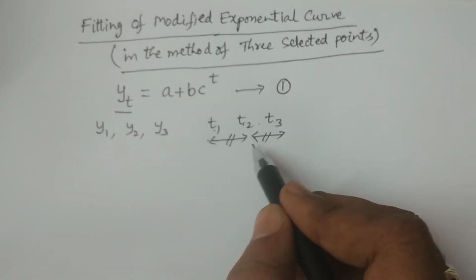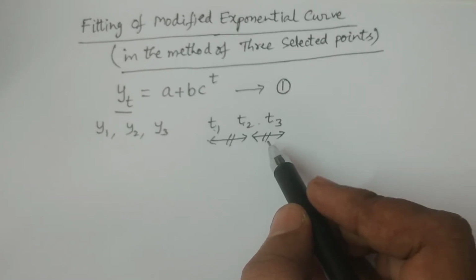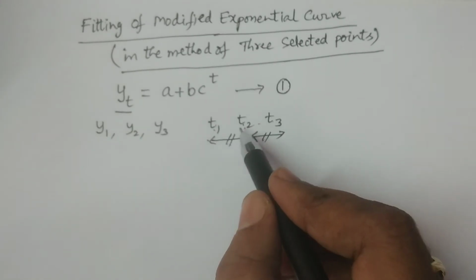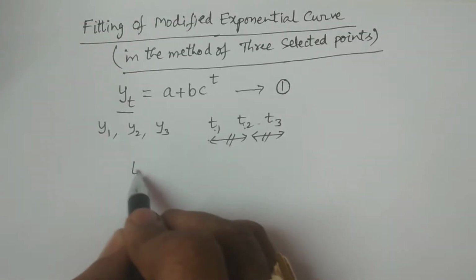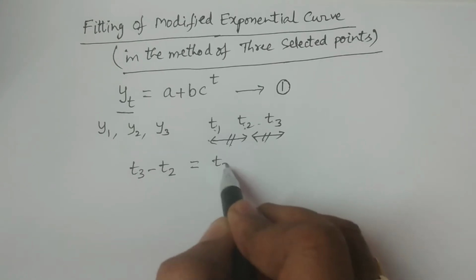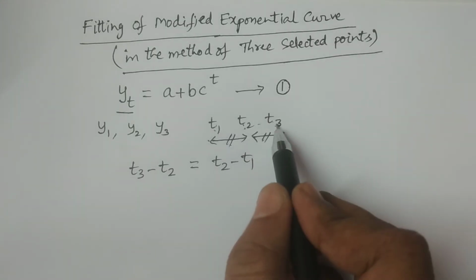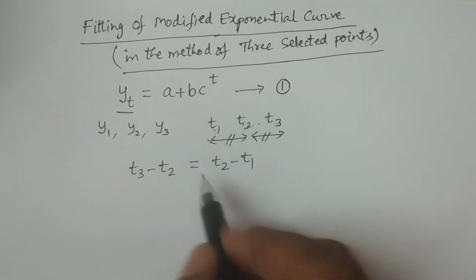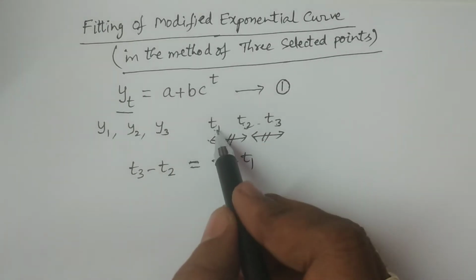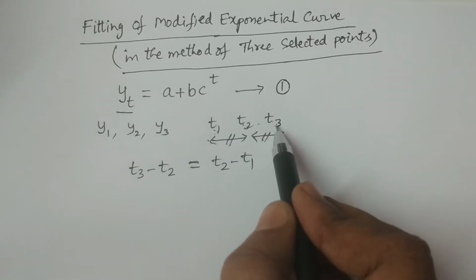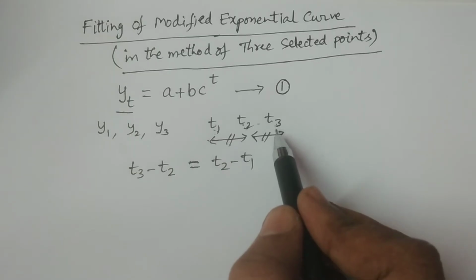That is, t3 minus t2 is equivalent to t2 minus t1. The difference between t3 and t2 and between t2 and t1 are the same. For example, consider 10 o'clock, 11 o'clock, and 12 o'clock. 10 to 11 and 11 to 12, the difference is the same.